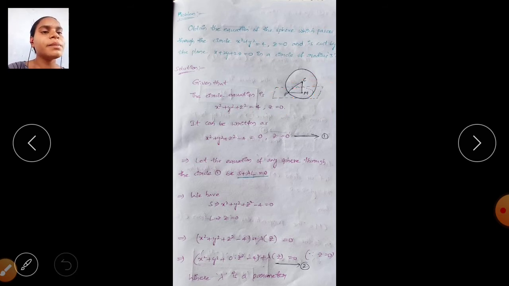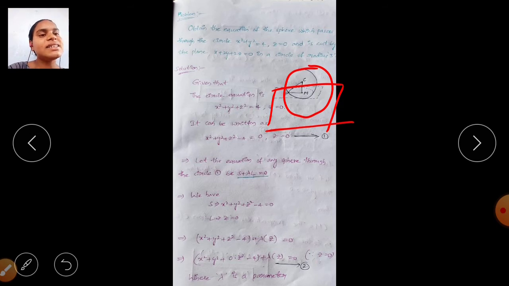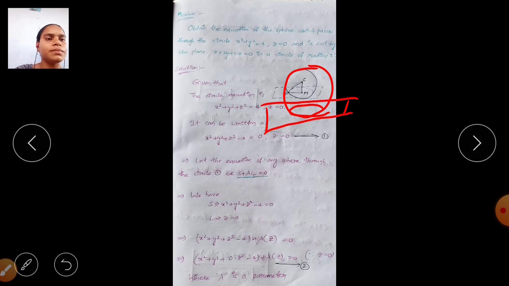This is the circle equation, and in it we have the plane equation. The intersection of the sphere equation and the plane equation together forms the circle equation.